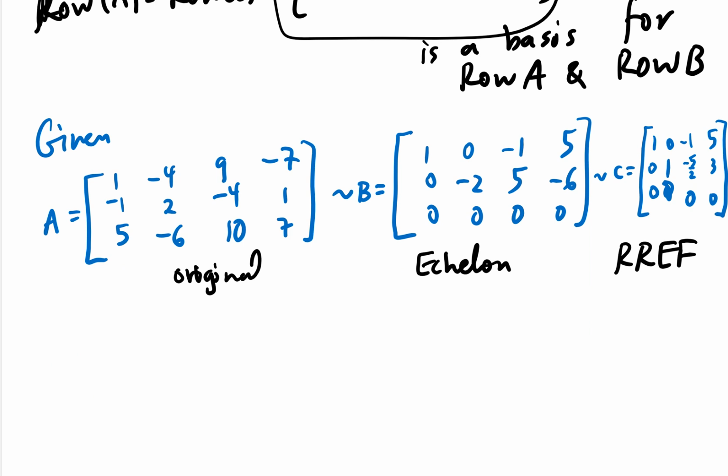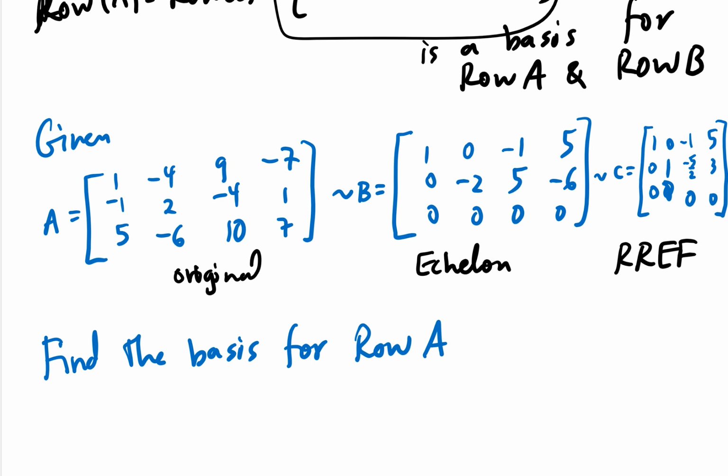Let's say find the bases for the row space of A, the column space, and the null space of A. We're going to find the basis for all of these. Some people give you just A and you have to see on your own.